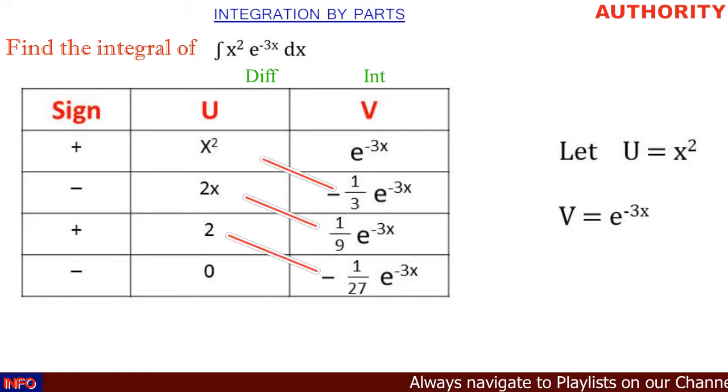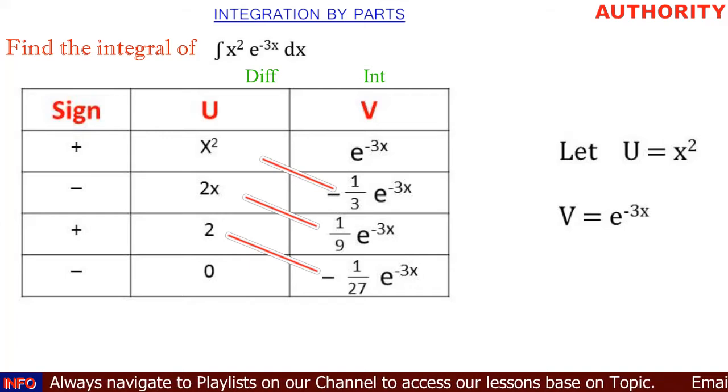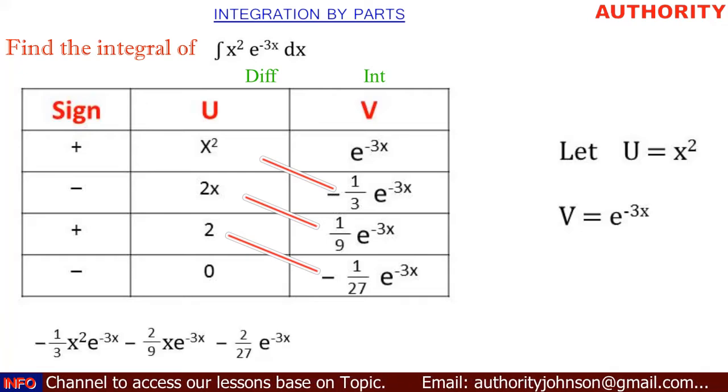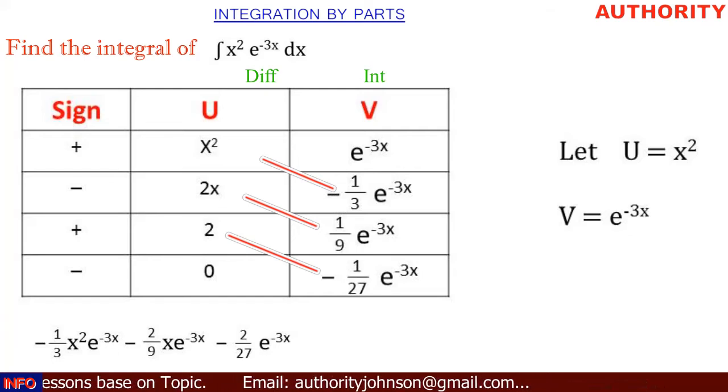Under u we have x squared. We're going to multiply by the v in the next row. So we have x squared multiplied by minus 1 all over 3 e raised to power minus 3x, which gives minus 1 all over 3 x squared e raised to power minus 3x.